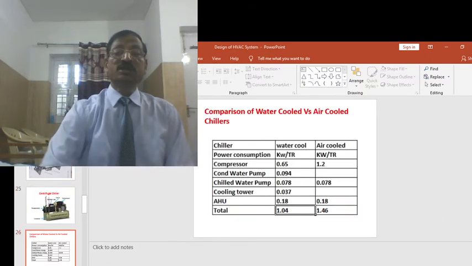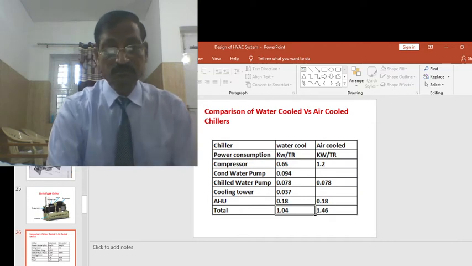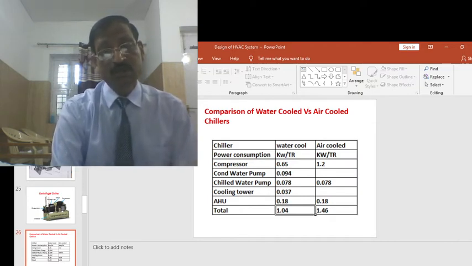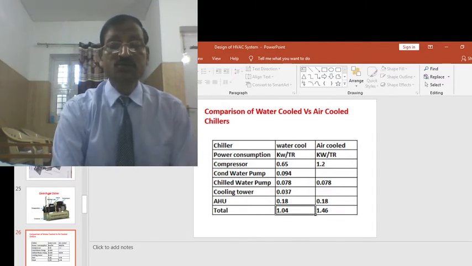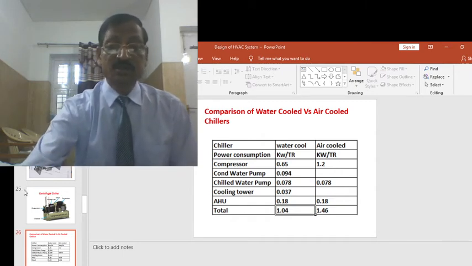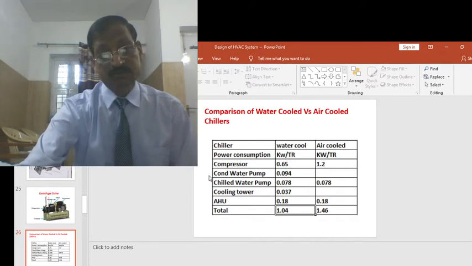Comparison of water cooled and air cooled chillers. Both types of chillers are available in the market. Air cooled chiller is normally used if water of good quality is not available. There is a comparison of power consumption. For the compressor, in the case of water cooled 0.65 kilowatt per ton, in the case of air cooled 1.2 kilowatt per ton.